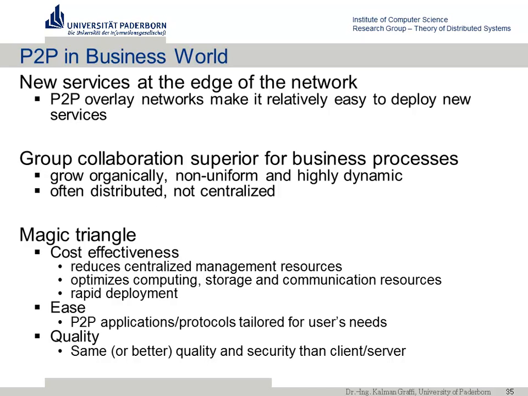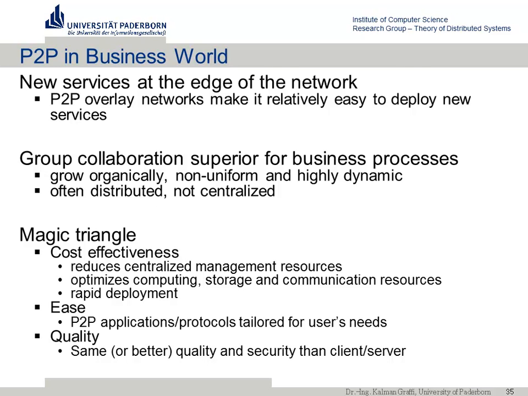But it's always hard to fulfill the magic triangle. On one side, business wants to have cost effectiveness. So it shouldn't cost anything, that would be best. So no centralized management costs, optimized routing, storage, and communication resources, and of course rapid deployment. So it shouldn't cost anything, but it should be very easy.